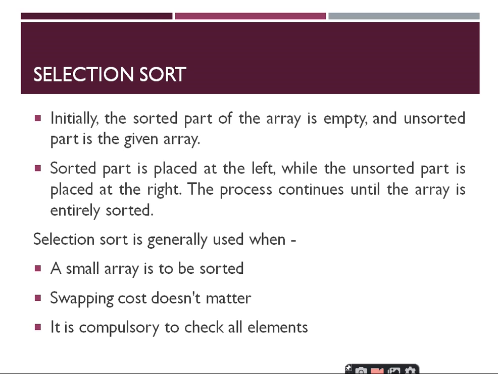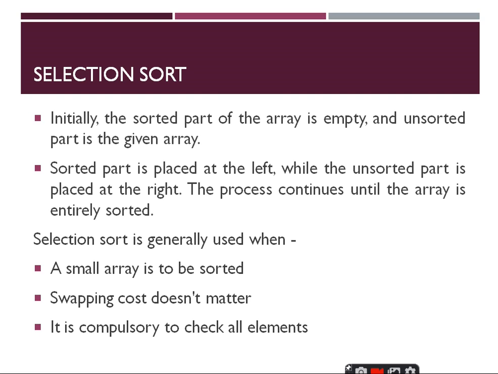So initially the sorted part is empty and the unsorted part has the complete list of elements that need to be sorted. The sorted part is placed at the left while the unsorted part is placed at the right. The process continues until the array is entirely sorted.